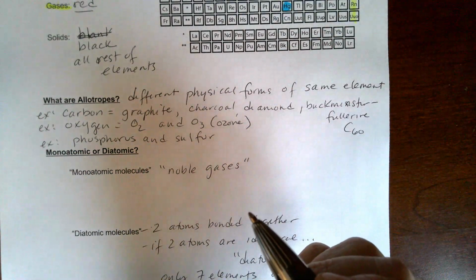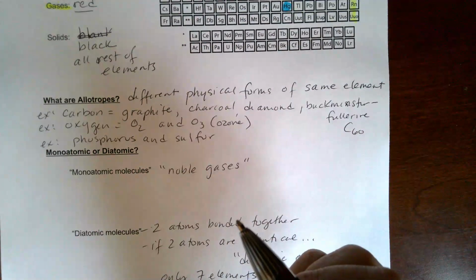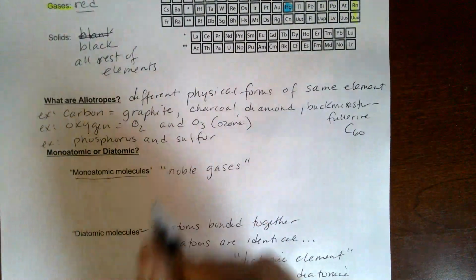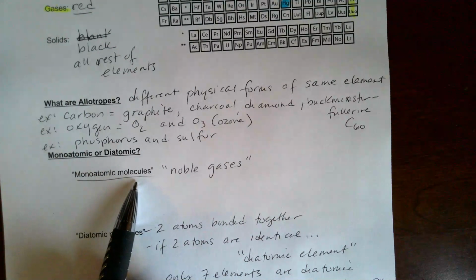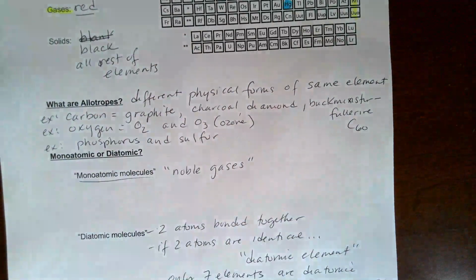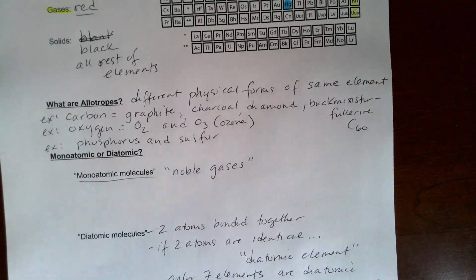It's a Regents term. I'm not going to get too picky about it, but just recognize that if you're reading anything that has to do with the New York State Regents, working on Regents questions, if you see monatomic molecule, they are just asking you to consider noble gases.